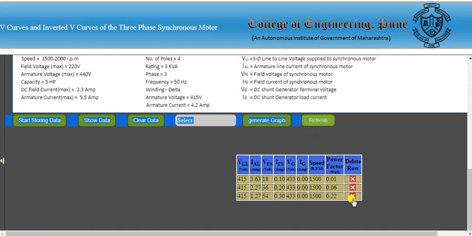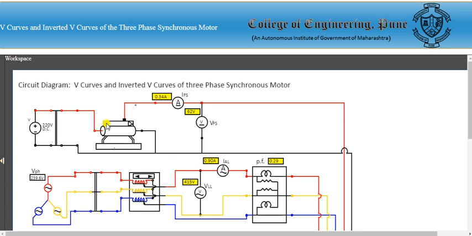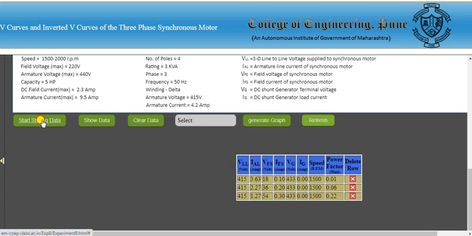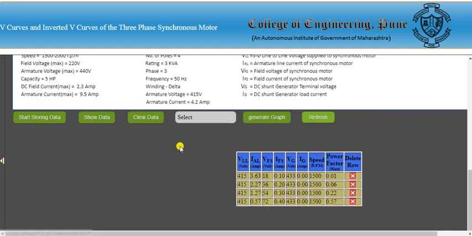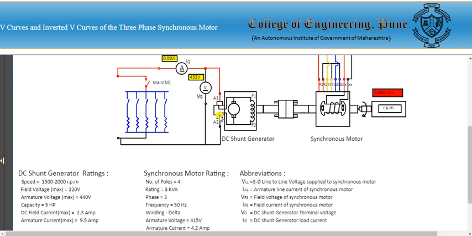The power factor is increasing. Then again 0.4 ampere, store data, show data. You see here the field voltage and field current are increasing, and the power factor is getting improved.